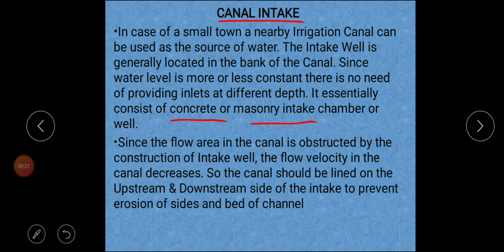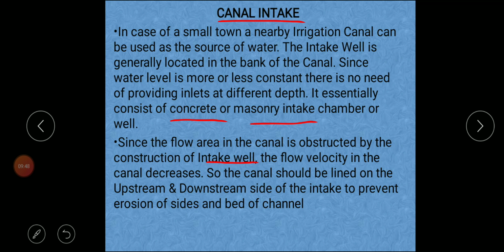Since the flow area in the canal is obstructed by the construction of the intake well, the velocity of flow in the canal decreases, especially in canal intakes.